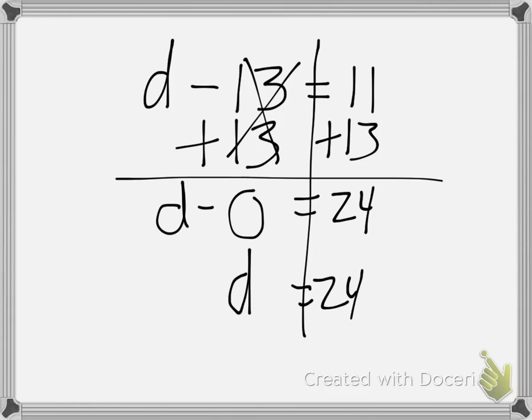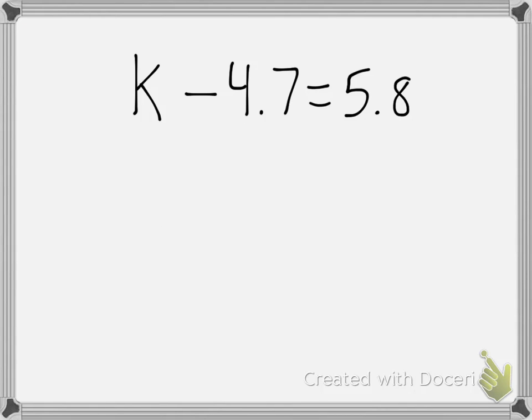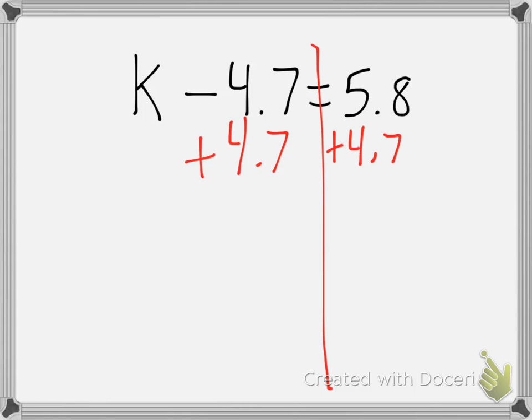Okay, let's look at another problem. Let's look at K minus 4.7. Same exact steps. You're going to draw a line down through the equal sign. Whatever's being done, in this case we're subtracting, so we're going to add 4.7. Whatever you do to one side of the equal sign, you're going to do to the other, so we're going to add 4.7 on the other side.